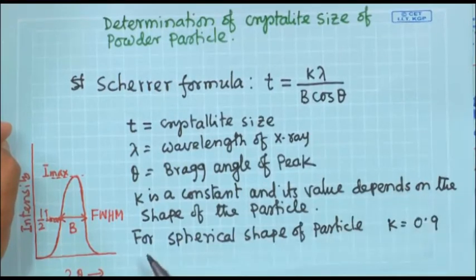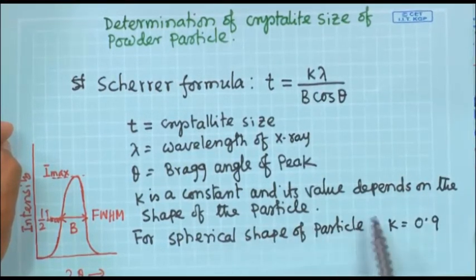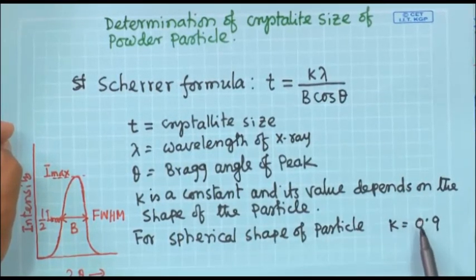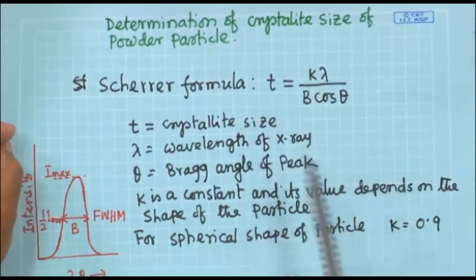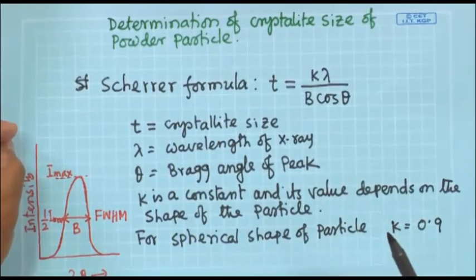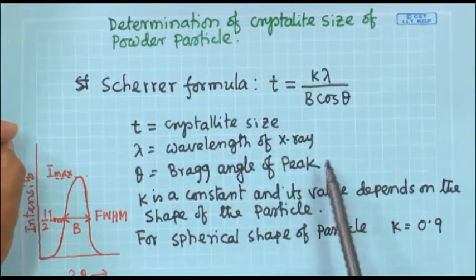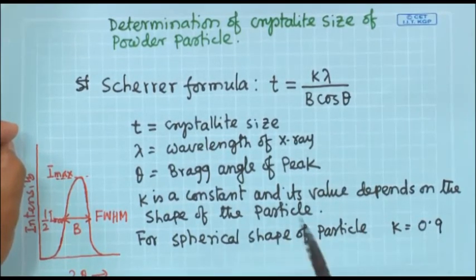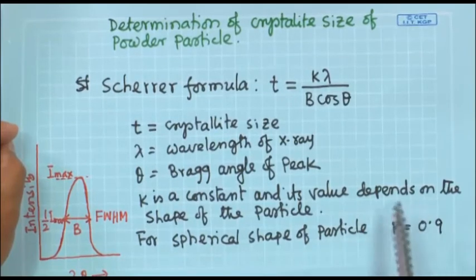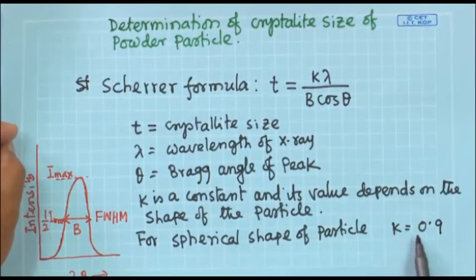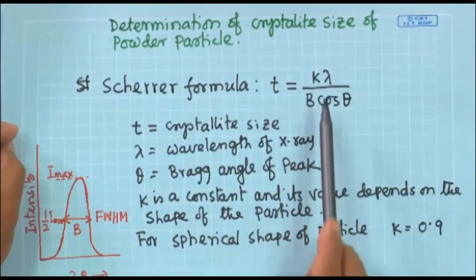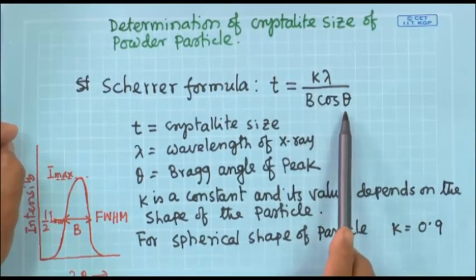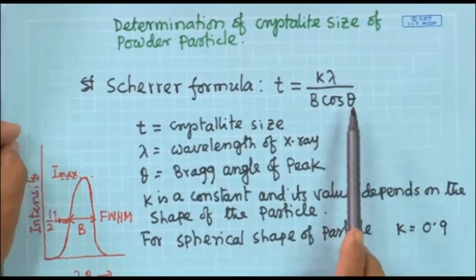For a spherical particle, the K value is taken as 0.9. Sometimes people take K equal to 1, but it is not exact. Theoretically people suggest different values; for spherical particles K is taken as 0.9. Okay. So B is known, lambda is known to us, theta we can also get from the peak.